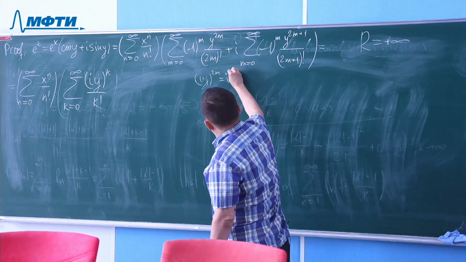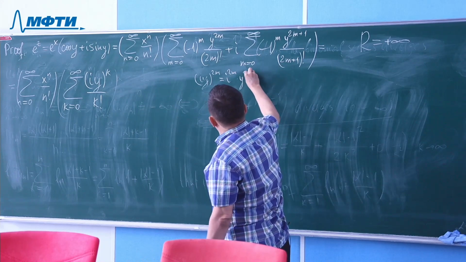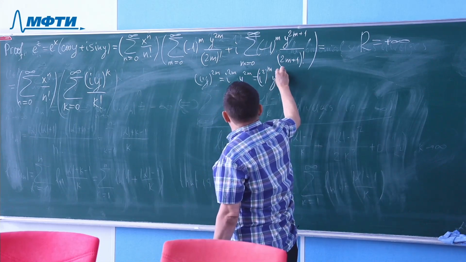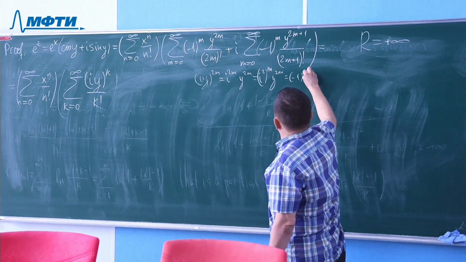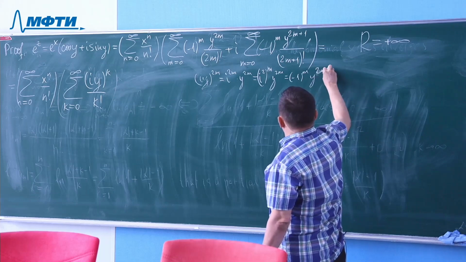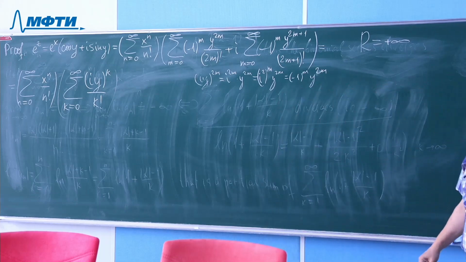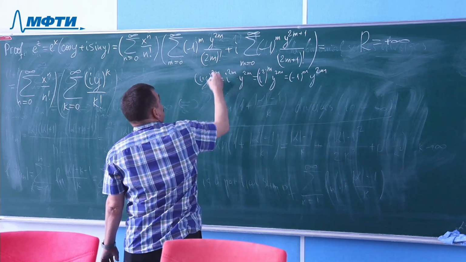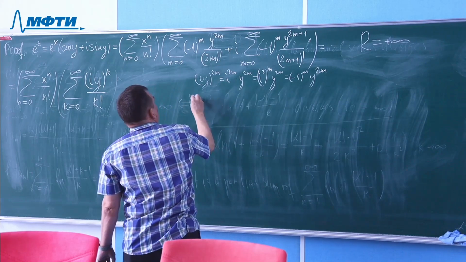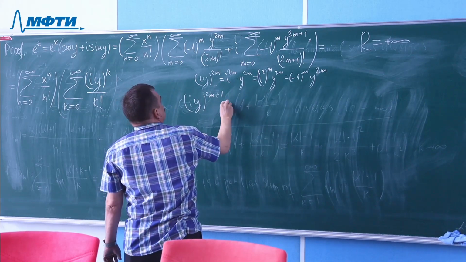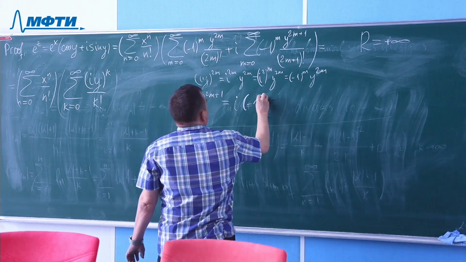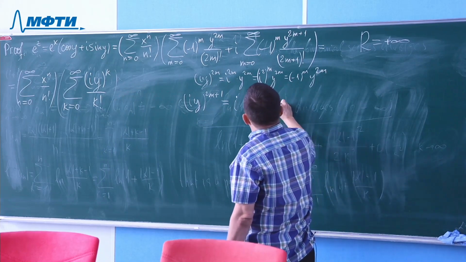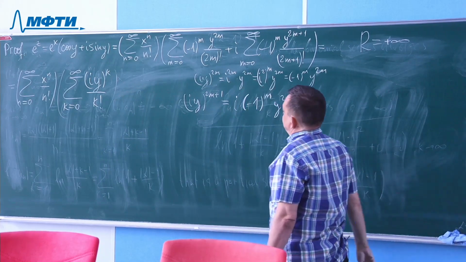That is i to the power 2m times y to the power 2m, i squared to the power m, y to the power 2m, minus 1 to the power m, y to the power 2m, right? And also, here you see I have an extra multiplier i, so i y to the power 2m plus 1 equals i times minus 1 to the power m times y to the power 2m plus 1.